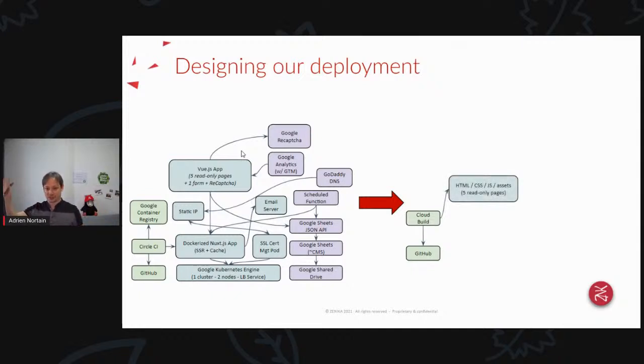So it stitches the HTML, the CSS, JS assets, and we have overall 5 read-only pages. The home page, services, careers, events, and the contact us, which is very, very small. For the hosting, just Google Cloud Storage, a simple bucket. Okay, we host that there.